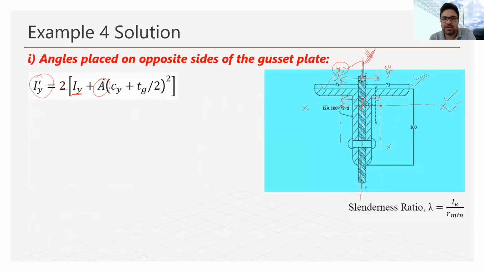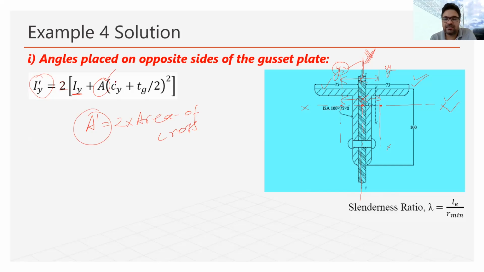Because I have already multiplied by 2, there is no need to write A dash. A dash was 2 into the area of cross section of one angle section, but A is the area of cross section of one angle section.